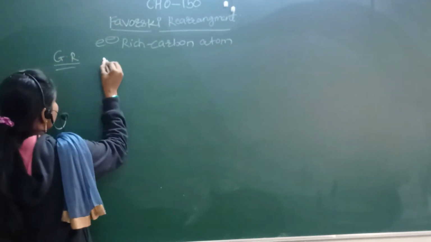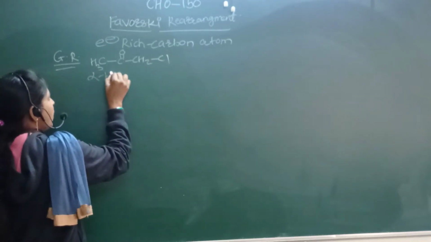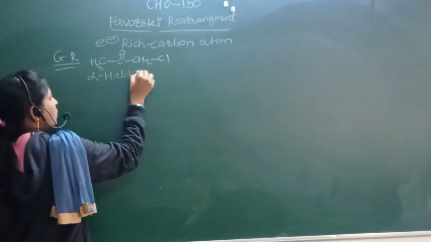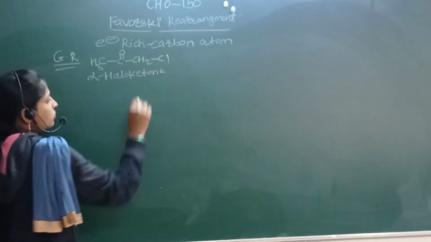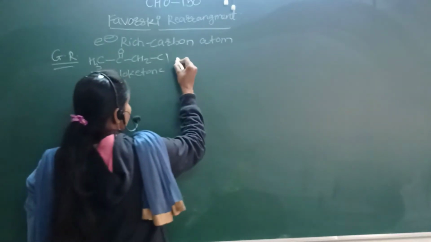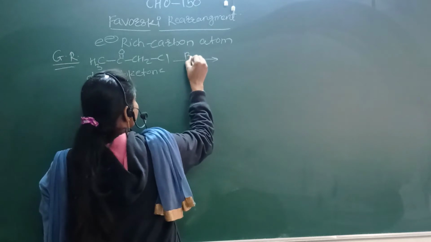So the general reaction of the Favorski rearrangement: CH3 C double bond O CH2Cl, that is your alpha haloketone, reacts with a base.